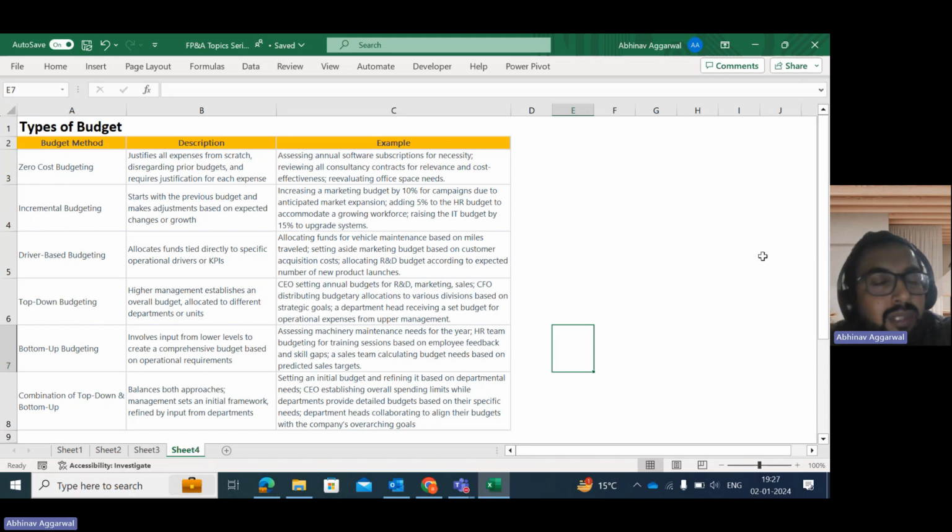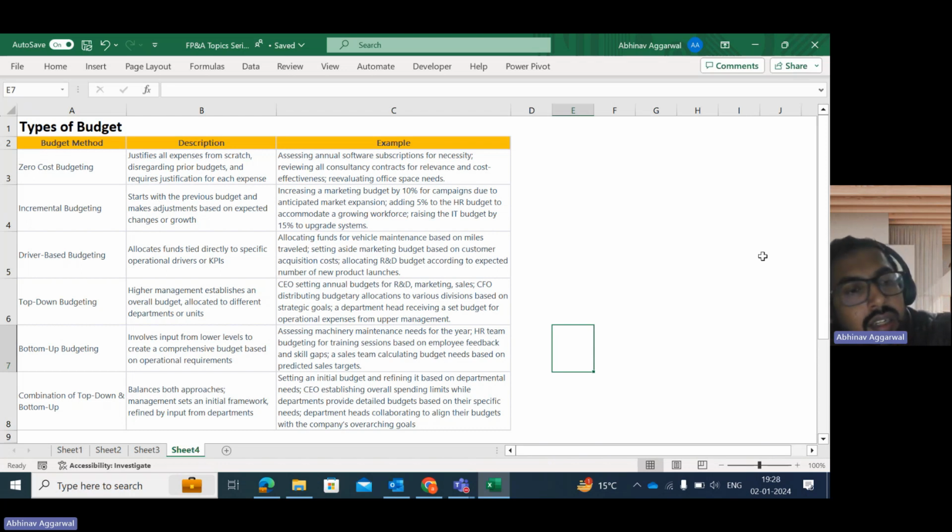Similarly, you can set your R&D budget. One of the most commonly used drivers is the expected number of product launches. So this is how you normally do driver-based budgeting. You identify the drivers for every revenue and expense line item, and then you tie it to your top line, to your revenue. So this is driver-based budgeting.